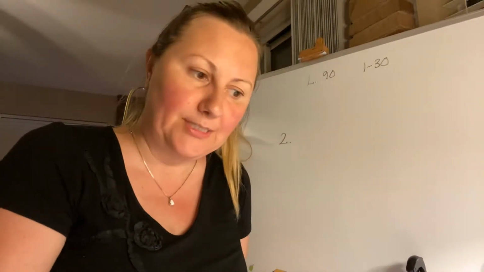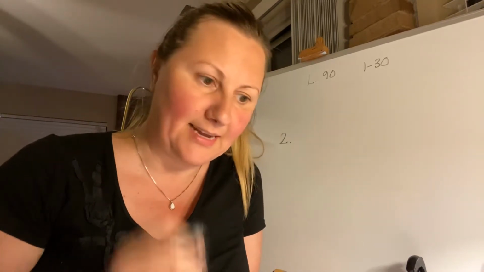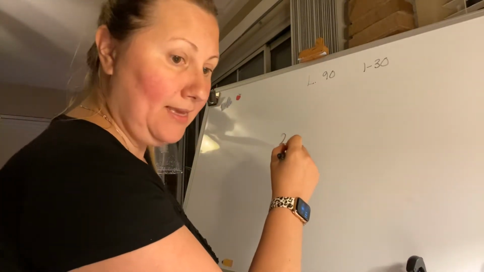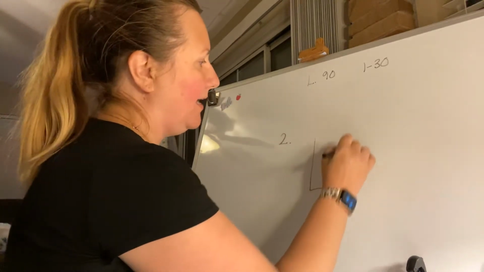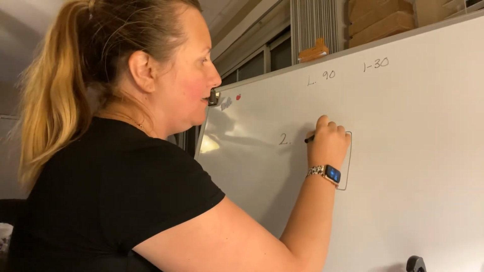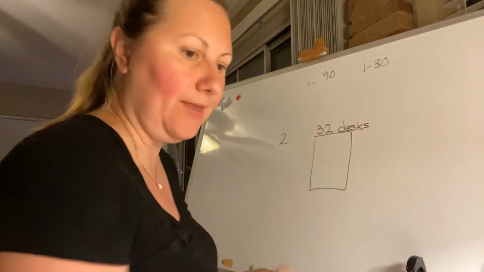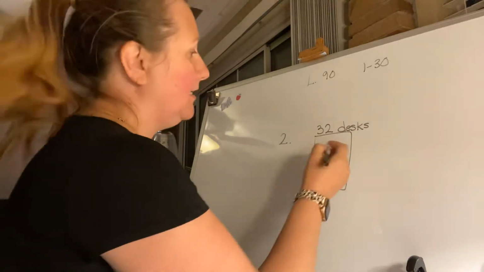So number 2 says 32 desks were arranged as equally as possible in 6 rows. How many rows had exactly 5 desks? And how many rows had 6 desks? Okay, so sometimes we do this, right? We put how many total, 32 desks, and then it said they were arranged into 6 rows.